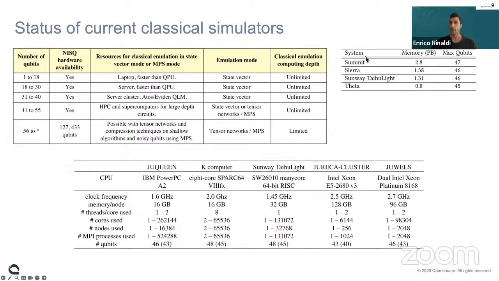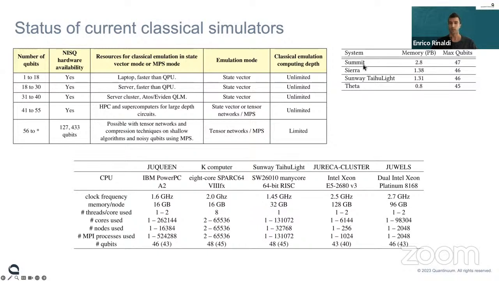Here on the right, I'm showing some of the fastest supercomputers in the world up to maybe a few years ago, and the amount of memory that they have on their nodes, and the theoretical maximum number of qubits that you can store on these systems.